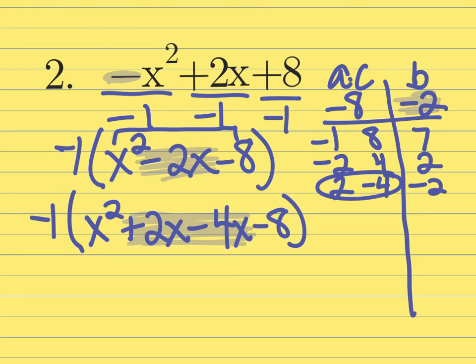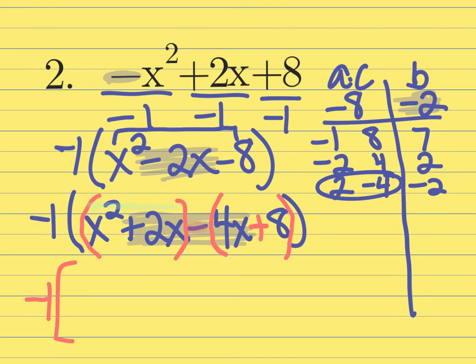Now we need to regroup. So I'm going to group my first 2 terms together, and I'm going to group my second 2. Now I did factor out this negative, so I need to make sure I change the sign of the 8. Got my -1 there. So we're going to look at the first group.